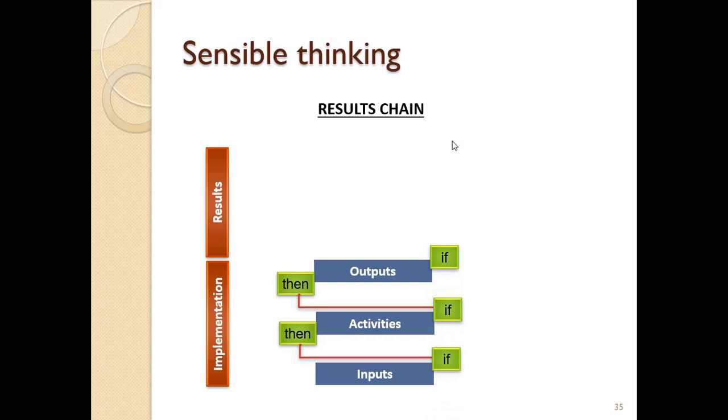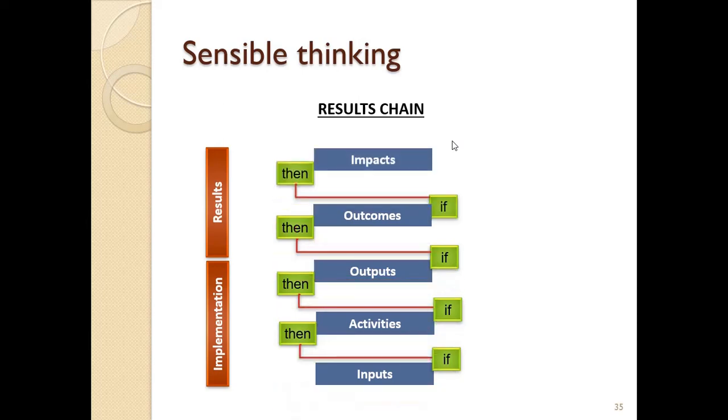If the outputs have been achieved, then outcomes are achieved. If outcomes are achieved, then they should lead to impact. So the idea is that you have a movement from short term to long term results.